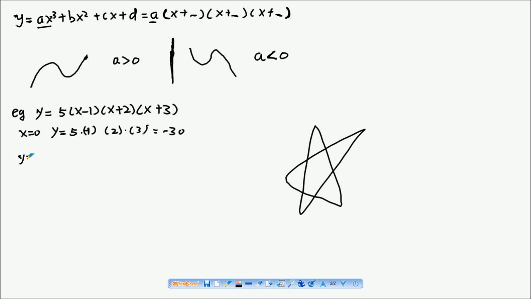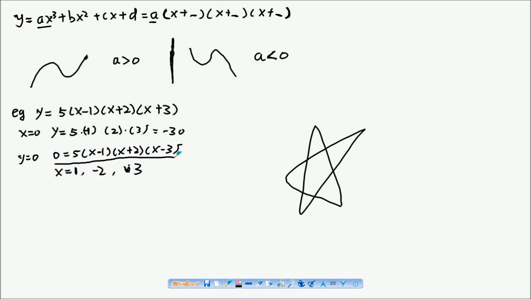So when y equals to 0, we will have 0 equals to 5 bracket x minus 1, x plus 2, and x minus 3. So our x value is 1, because 1 minus 1 gives 0, or minus 2, because minus 2 plus 2 is 0, or positive 3, because 3 minus 3 gives 0 in here.